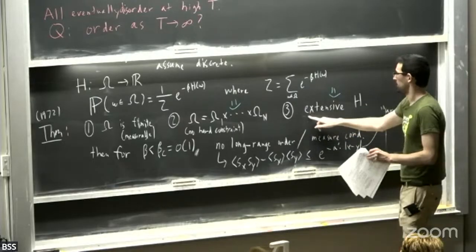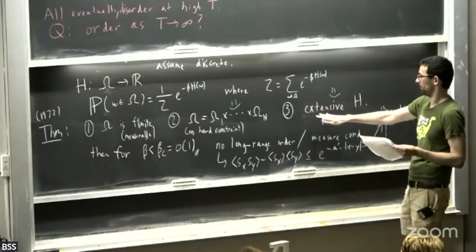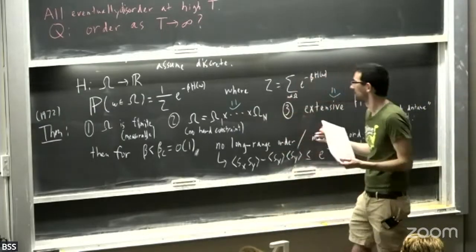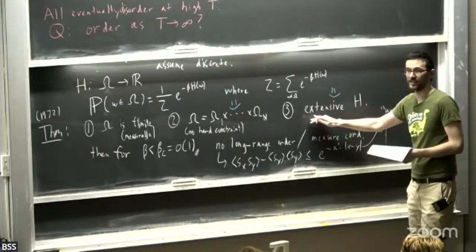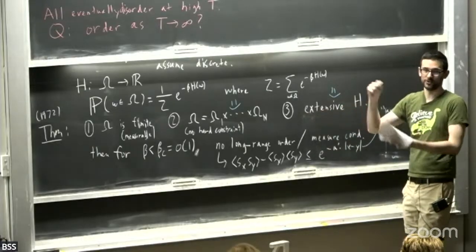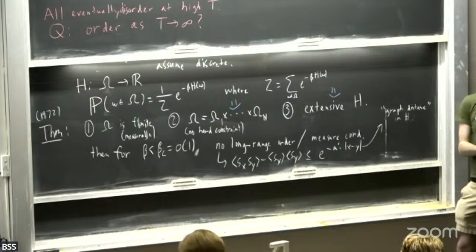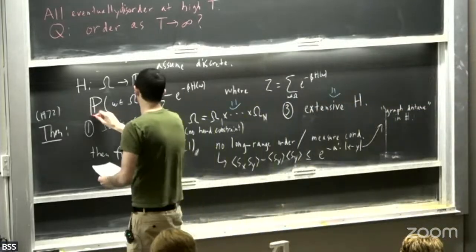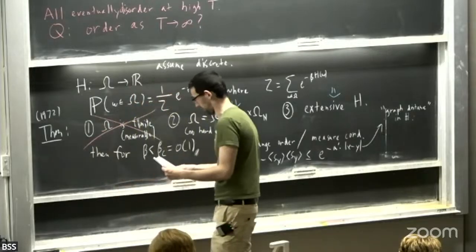This one's potentially a little subtle once we break the first one, but at least morally, I would like to say that at any finite temperature, H is only changing by a finite amount almost surely when I change one of the sites. So this one, let's try to relax.